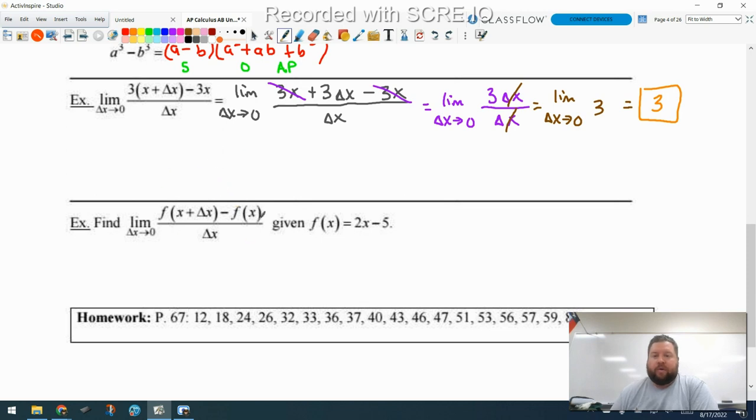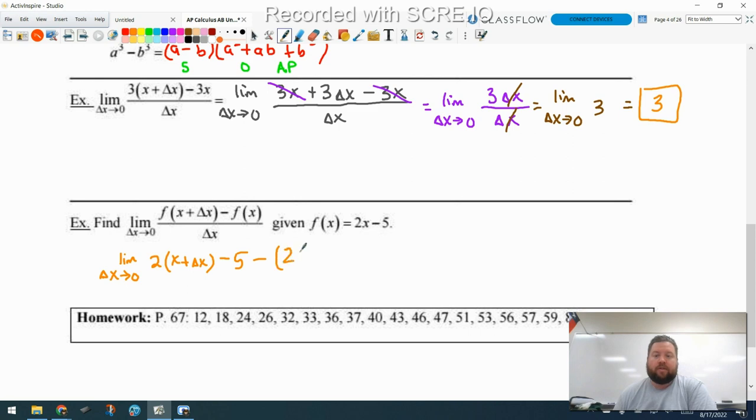Okay, so now we're going to rewrite this limit with our real function plugged in there. So the limit as delta x approaches 0 of 2 times x plus delta x. So that's what f of x plus delta x means. Plug that in for x. So I need to put my minus 5 there. So there it is. Then minus f of x, which is this.